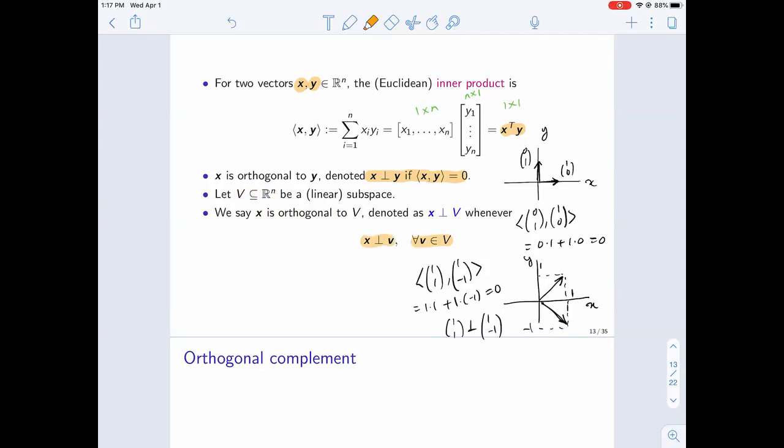So pick any vector in V. Let's do an example. Let's say V is the XY plane.